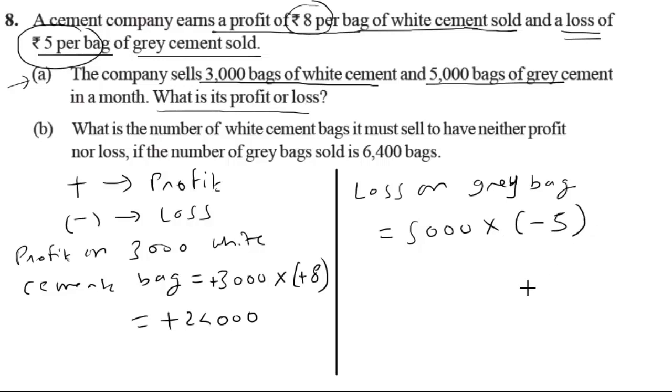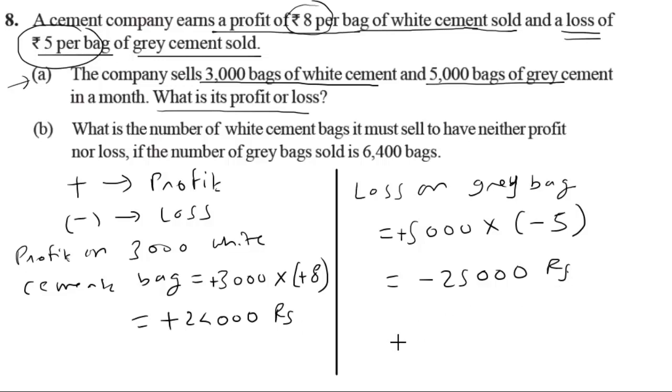Here minus represents the loss and 5 is the amount of the loss. So it is minus 25,000. There is no sign for 5000, so it is plus into minus, giving minus 25,000. Actually these are rupee amounts.